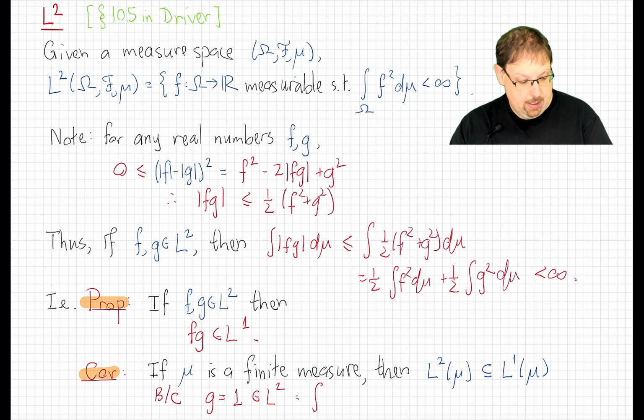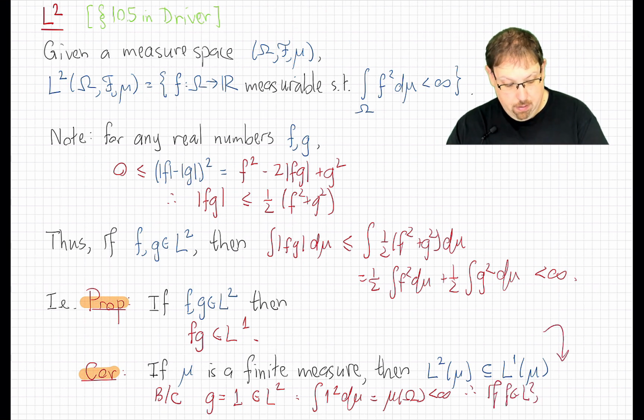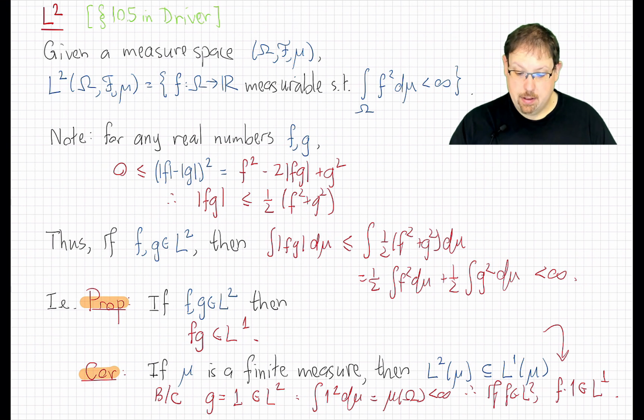That's just because the integral of 1 squared d mu is equal to the integral of 1, which is the measure of the entire set, which we're assuming is finite. And therefore, if f is any L2 function, from the proposition above, we get that f times 1 is in L1. And so any L2 function is actually in L1.